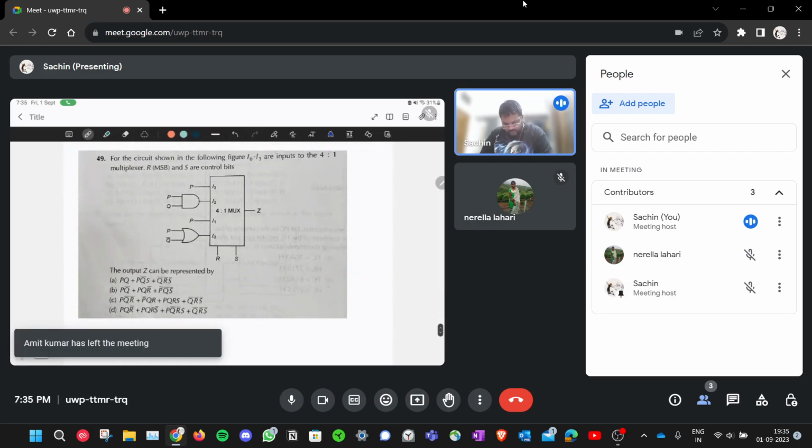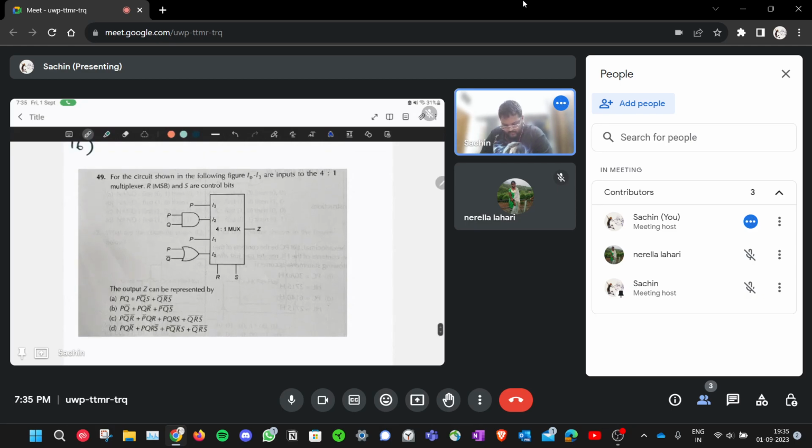Okay. For the circuit shown in the following figure, I0 to I3 are inputs to the 4:1 multiplexer. R and S are control bits, R is the MSB. That's what they mean. What is the output?